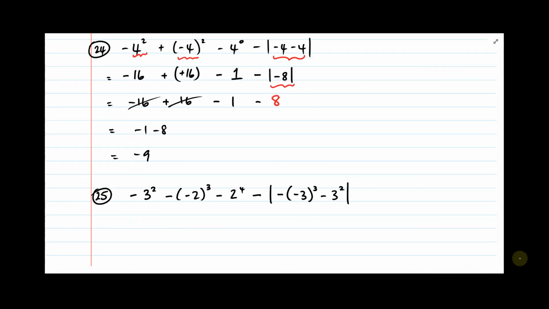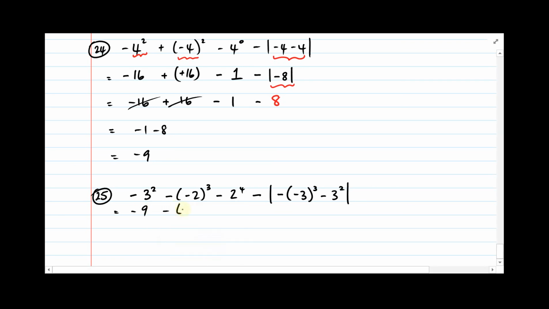Number 25. Alright, the main difference between number 24 and 25 is that 24 is just testing your knowledge of your negative 3 and 2s and so on, versus just one single number. Again, the same idea. First term will be negative 9. Negative 2 cubed would be negative 8.